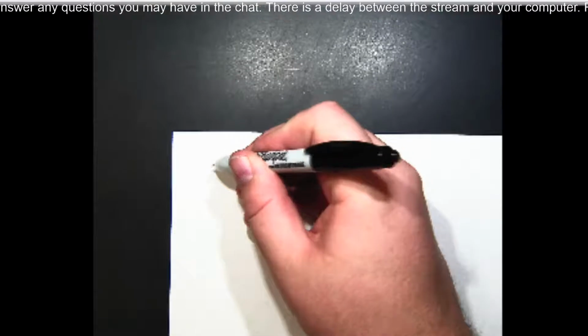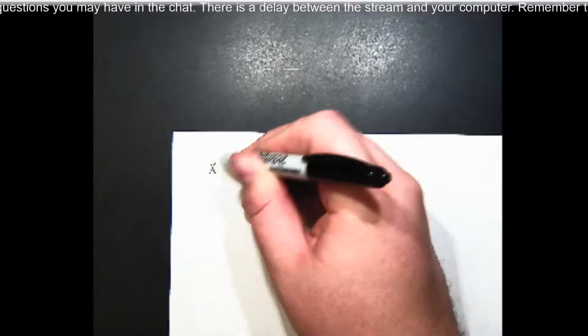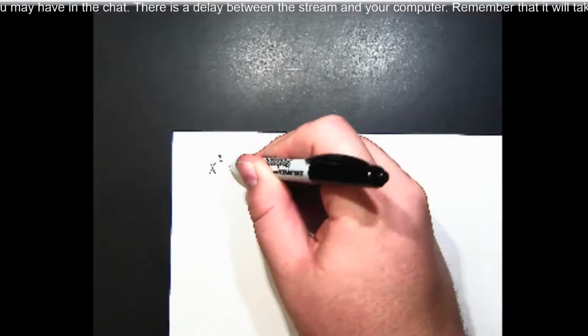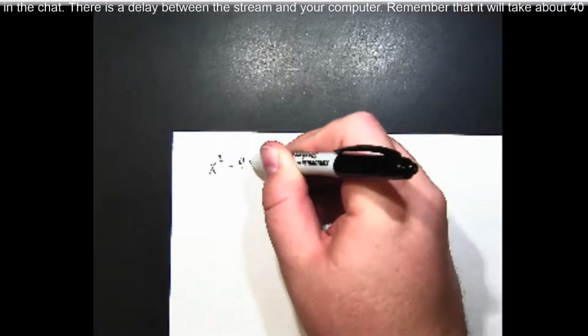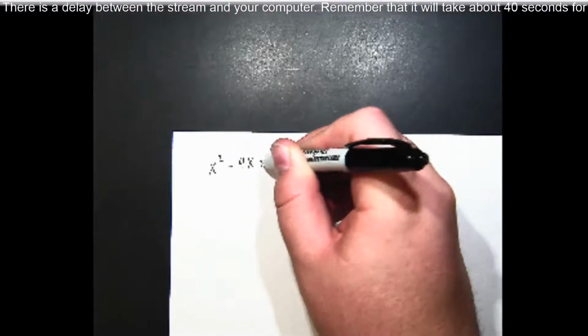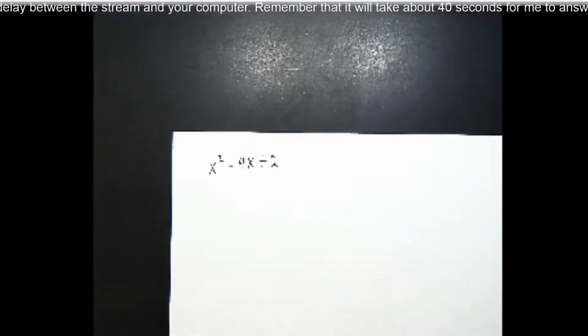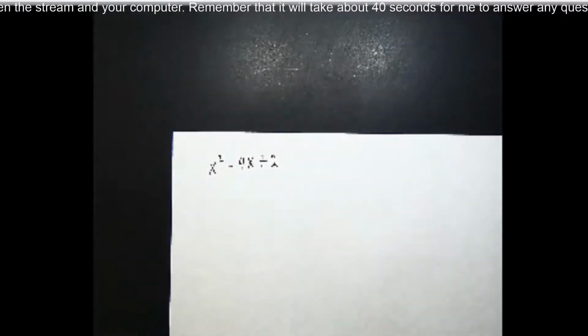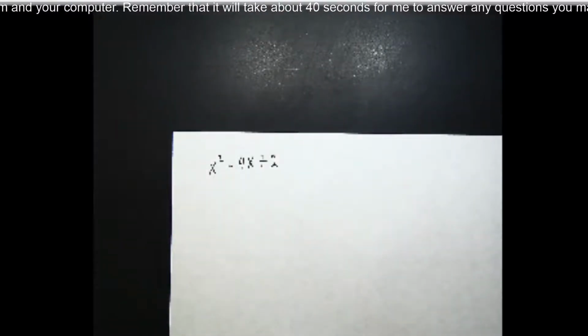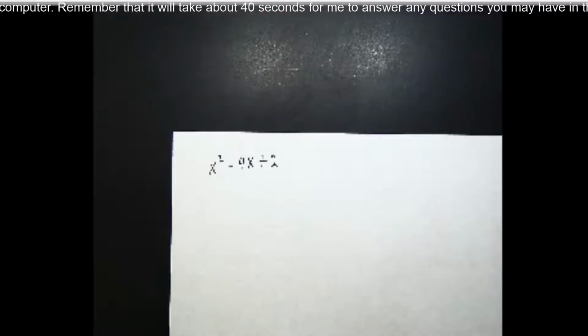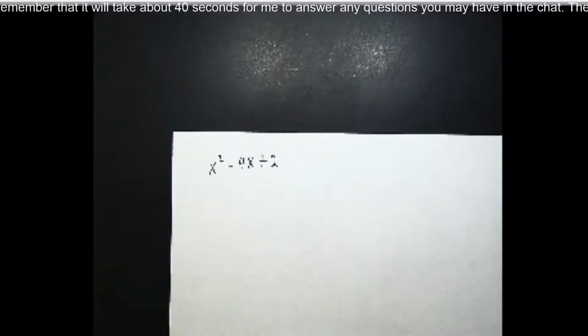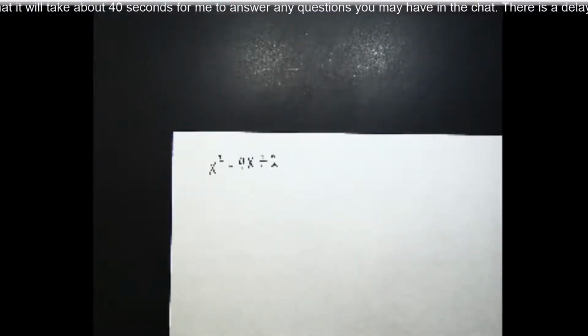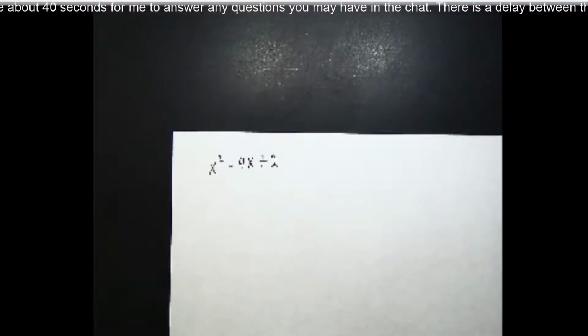So let's take a look at this. Let's have x squared minus 4x plus 2. Okay, so what we did last time is we plugged a number in for our variable. And we said that we need to use parentheses if we want to do that.